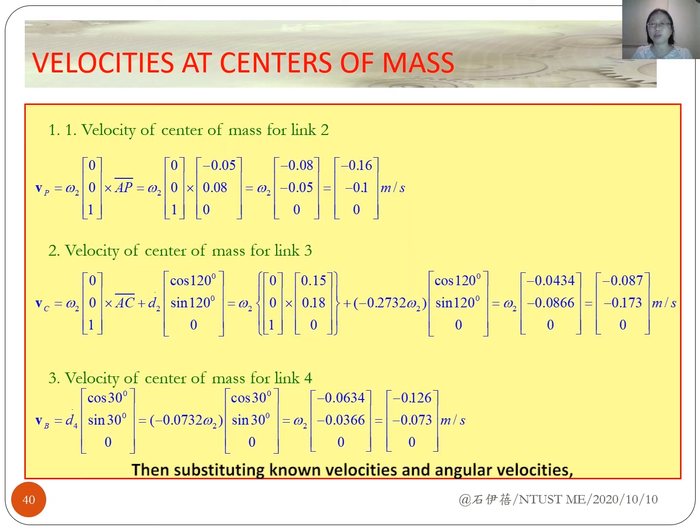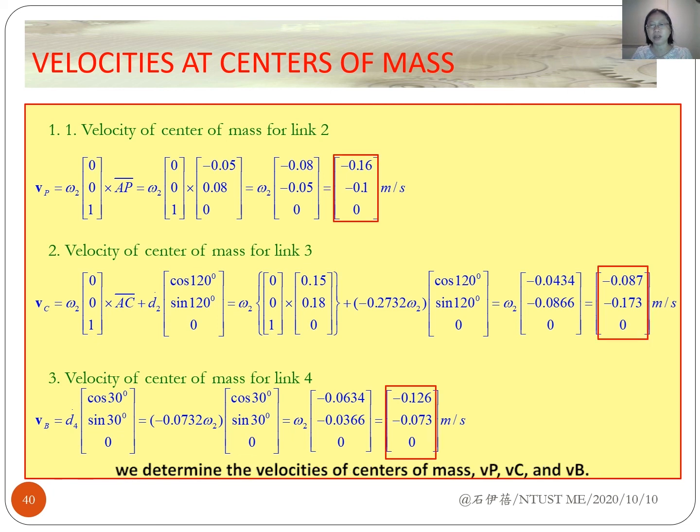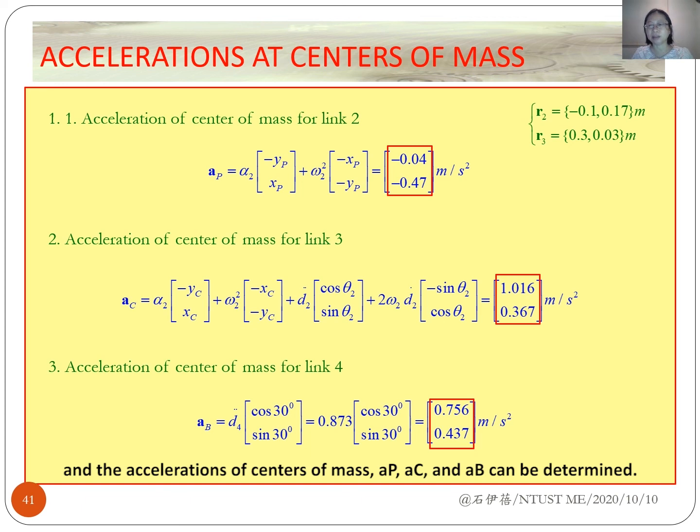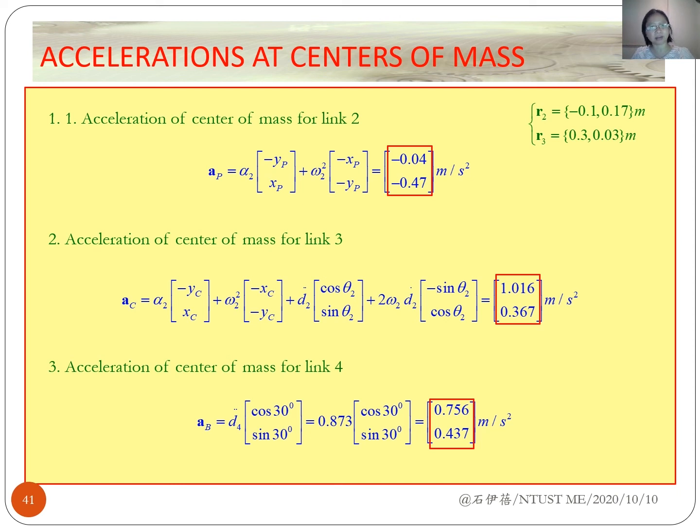Then substituting known velocities and angular velocities, we determine the velocities of centers of mass Vp, Vc, and Vb. And substituting known velocities and accelerations, the accelerations of centers of mass AP, AC, and AB can be determined.